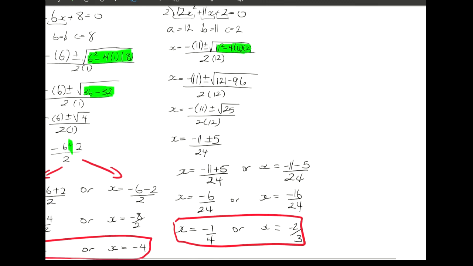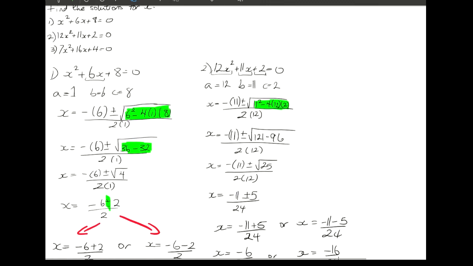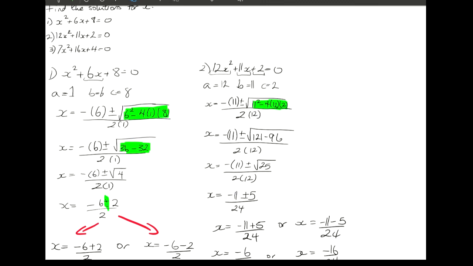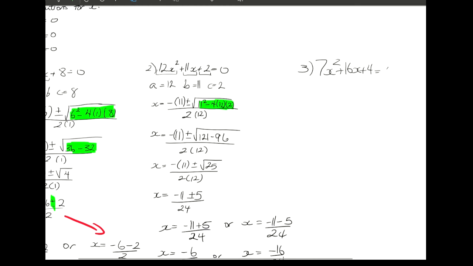Okay, now I am going to let you work out this third one on your own. This is 7x squared plus 16x plus 4 equals 0.